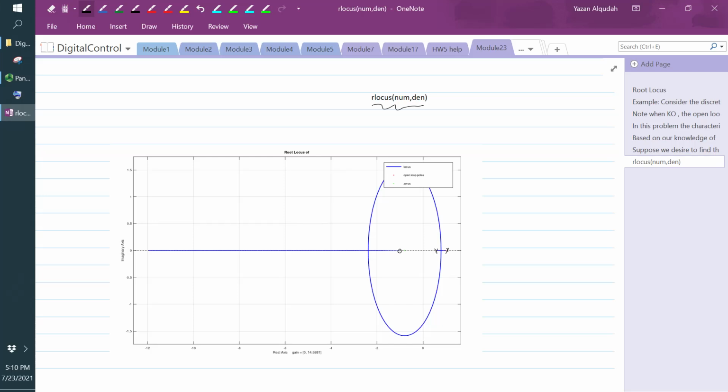The difference is how you interpret the location of the poles on the root locus. Again, one obvious difference: in continuous time, if the branch crosses the j omega axis to the right, it becomes unstable. Here it has to cross the unit circle. So the location of the poles in the Z domain is different than the interpretation of the poles in the S domain.